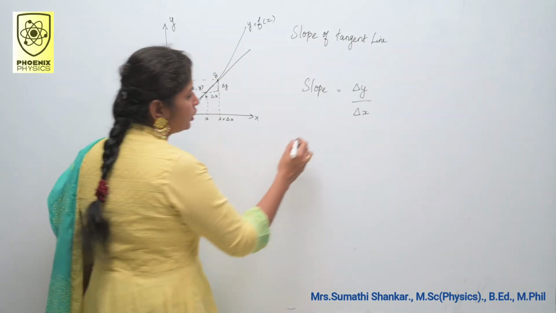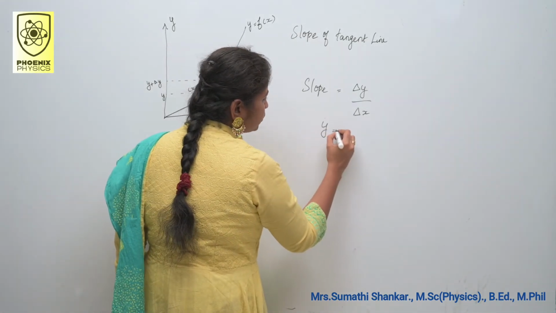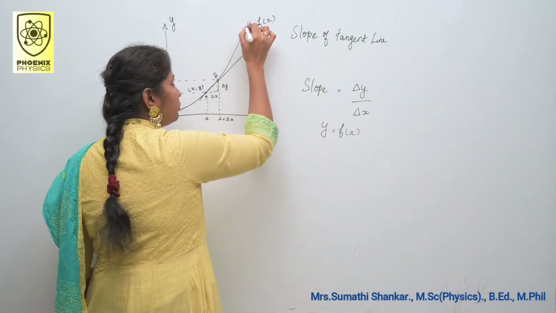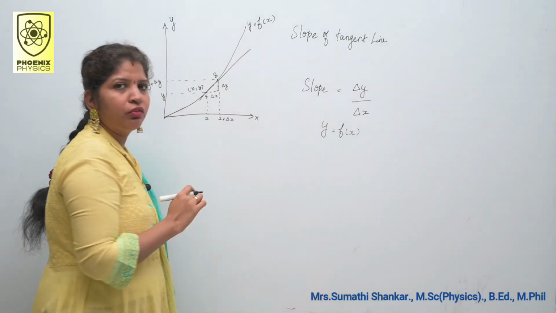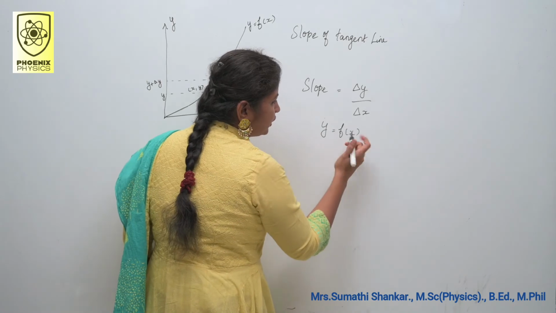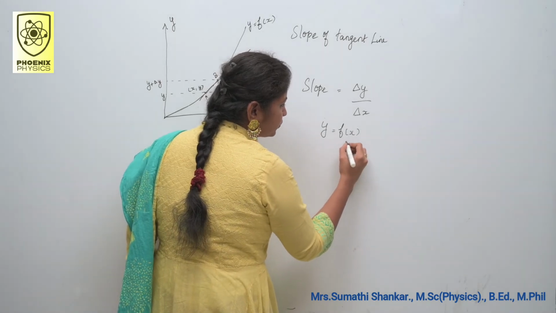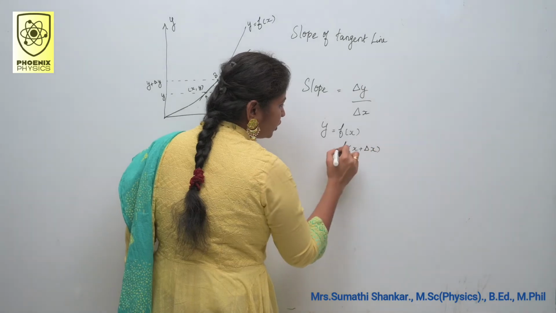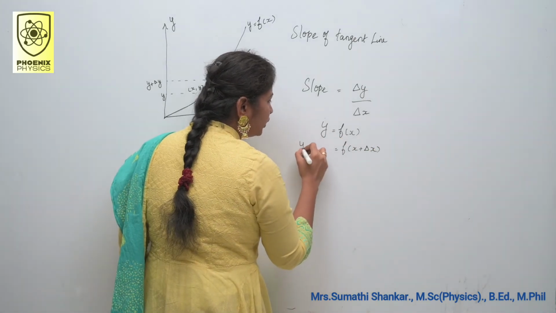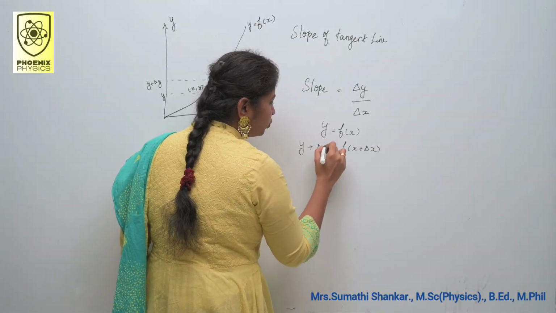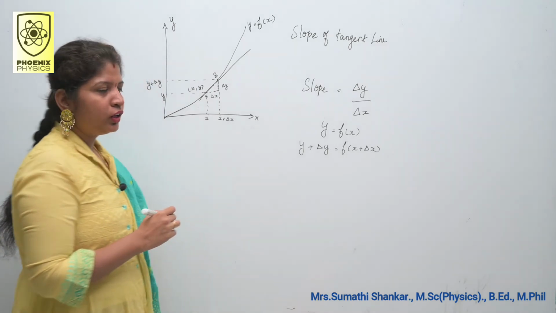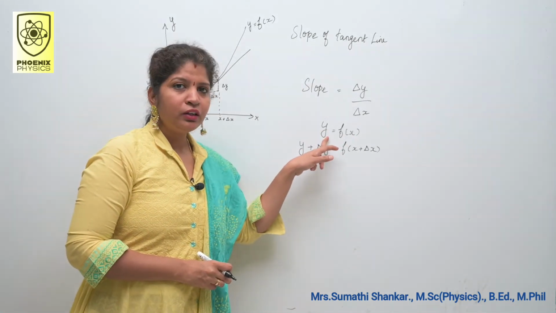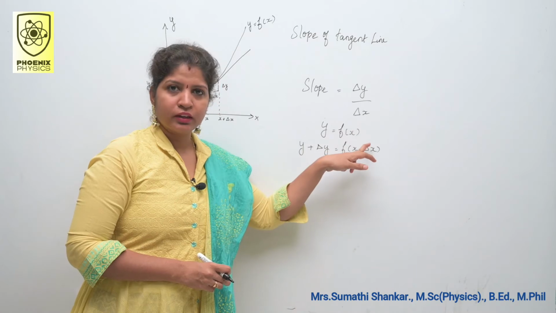What is given? y is given, y is equal to f of x, because this curve represents y is equal to f of x. If x changes from x to x plus delta x, then y will also vary from y to y plus delta y. Why? Because this y is a dependent variable, it depends on x.